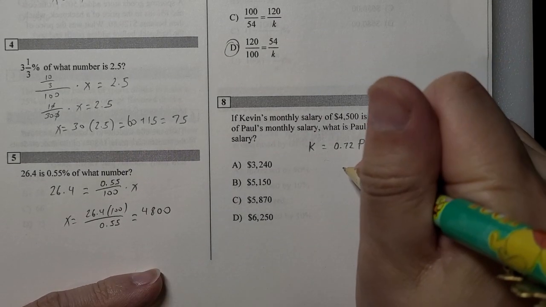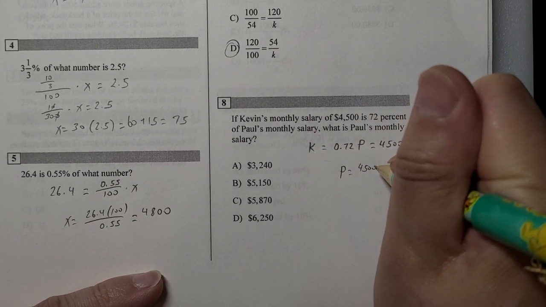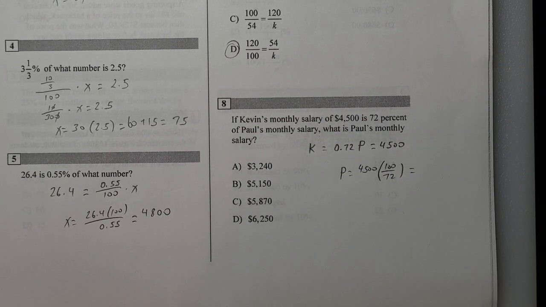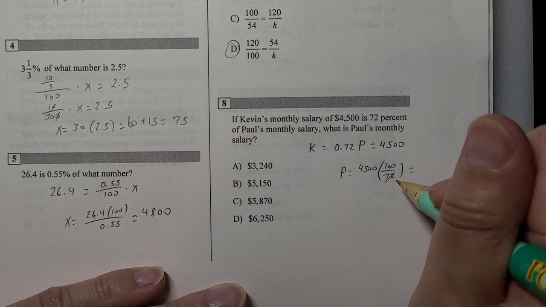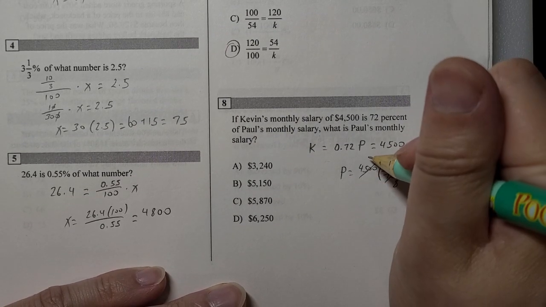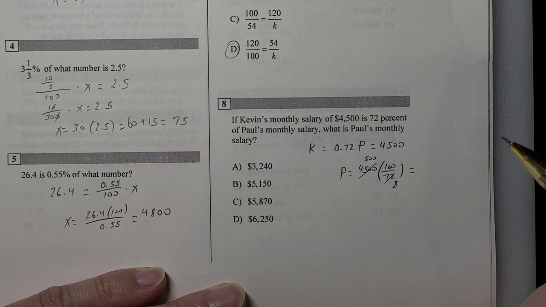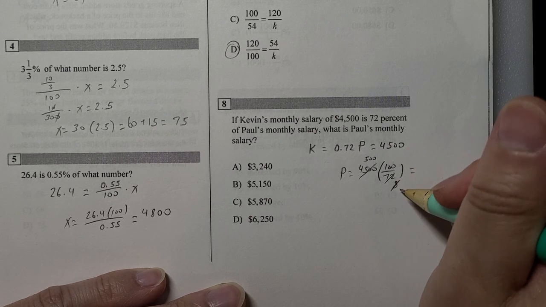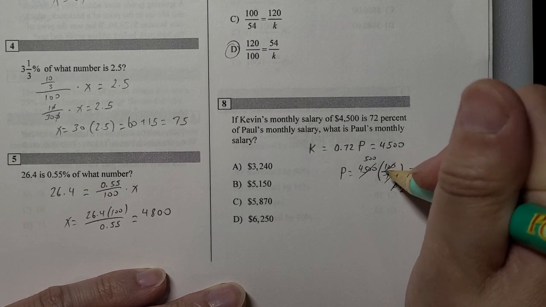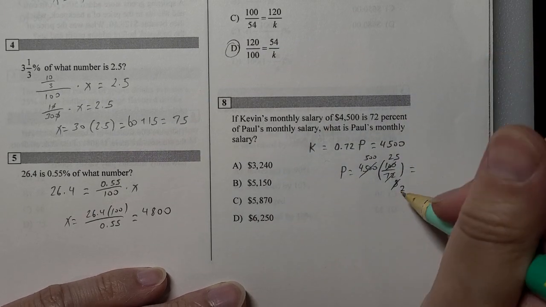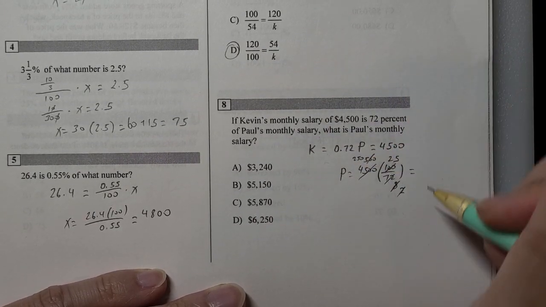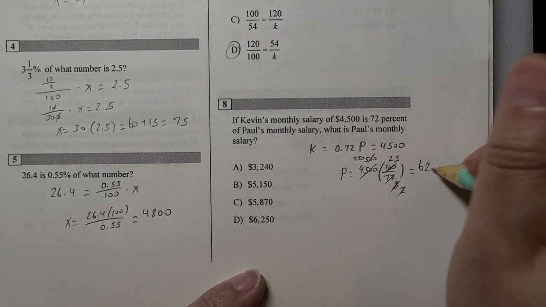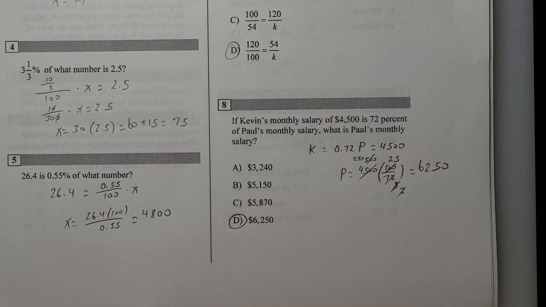Okay, so Paul's monthly salary, we just solve for P, is 4,500 times 100 over 72. Okay, if I divide by 9 here, that would be 8. 9 here, that would be 500. All right, and then if I divide by 4 here, that would be 2. By 4 here, that would be 25. And then this would be 250. So 250 times 25. How much is that? That is 6250. Answer is D.